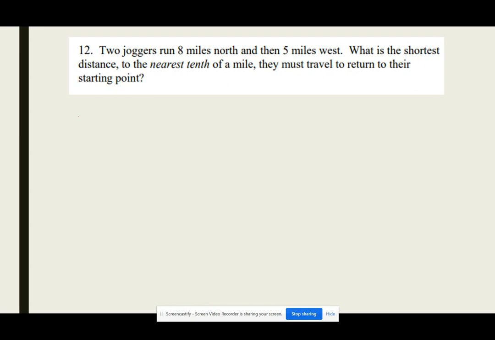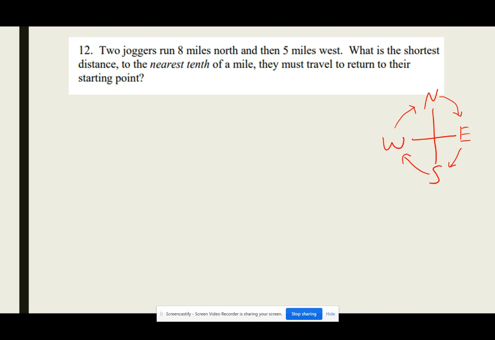And I always think of a compass. So if I'm thinking about a compass, I have north and south, and then I have east and west. And I don't know how you guys learned it, but I always went clockwise: never eat sour watermelons. That's how I learned it when I was in school, to remember which one goes first.